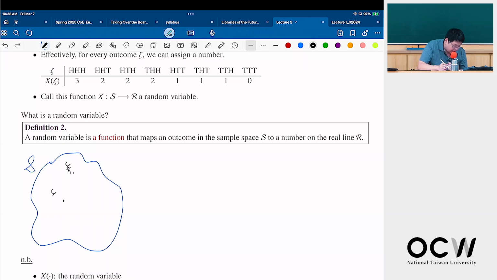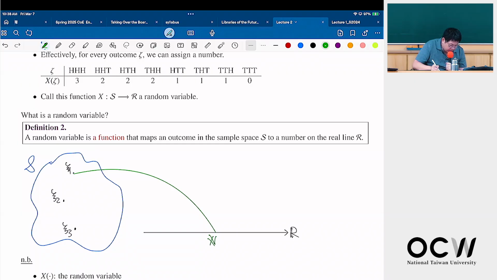Here I have other outcomes, and then I map the outcome to a number on the real line. So I may map C1 to X of C1, that will be a number.